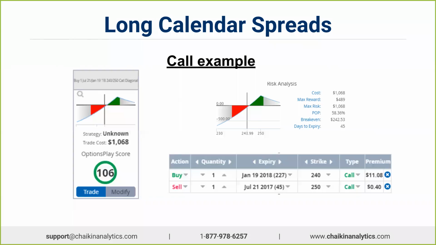So I want this number here to be less than the difference between these two on my initial entry point.